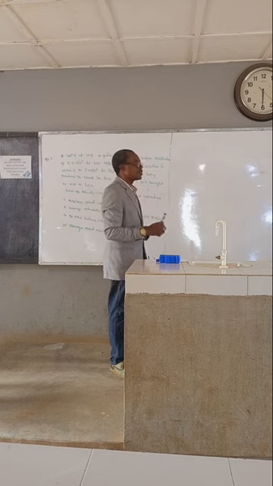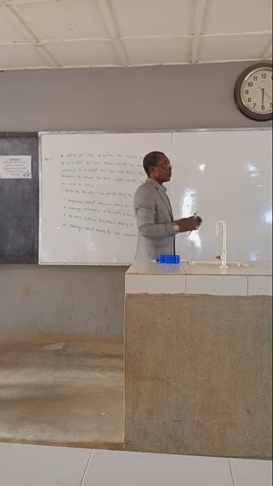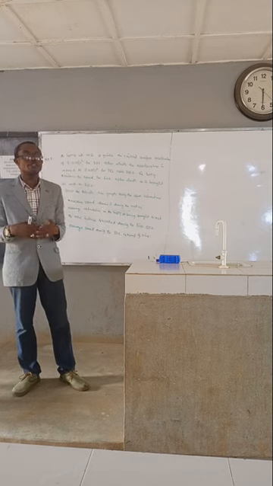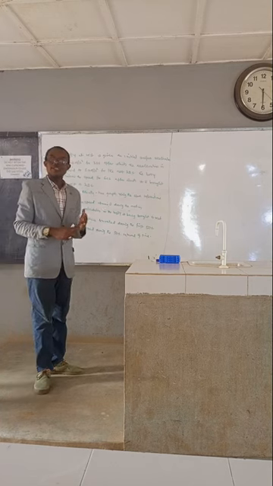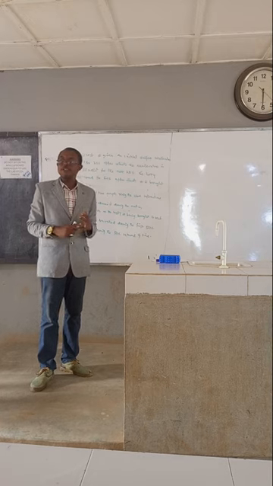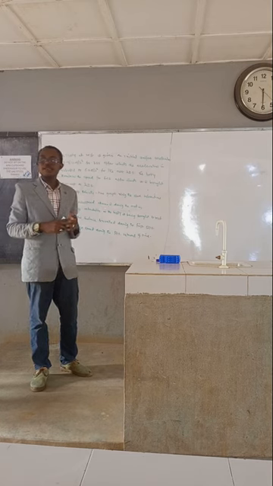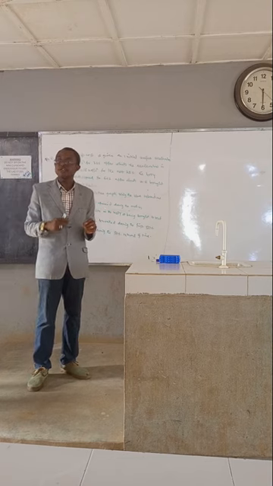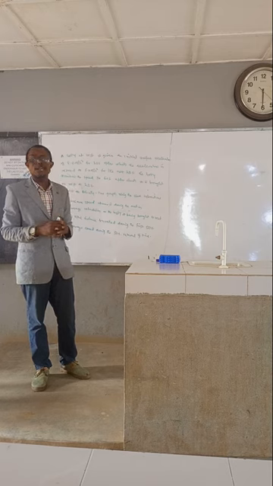Now, first of all, we have to get a sketch. Let us remember that when we talk about speed, acceleration, and uniform motion, there are three graphs involved. We have the distance time graph, whose slope gives us speed, the displacement time graph, whose slope gives us velocity, and the velocity time graph, whose slope gives us acceleration.